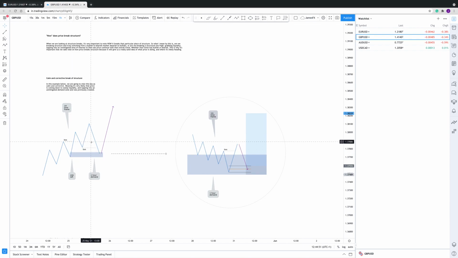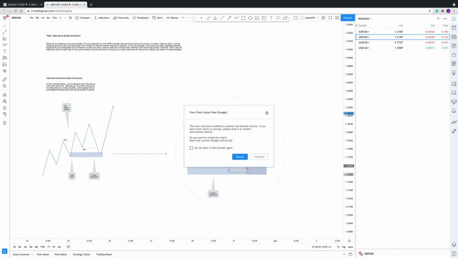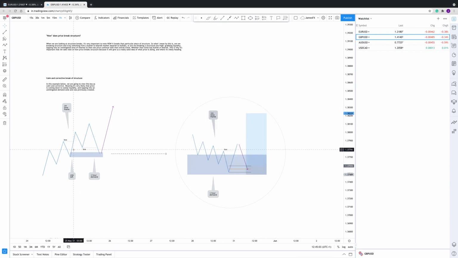So this breaking structure could be grabbing liquidity from anyone who's in the buys and trailing stop losses at the lows, because we know that there's liquidity at every low and high in the market. So this could be a breaking structure, taking liquidity, tapping into an unmitigated order block before continuing with the overall bias, which is bullish.